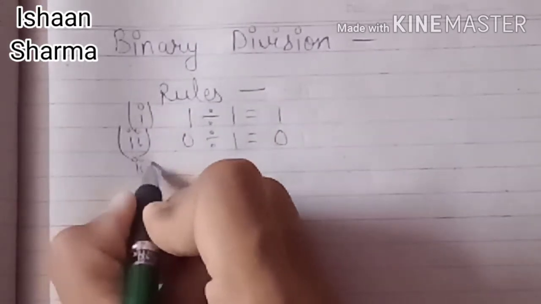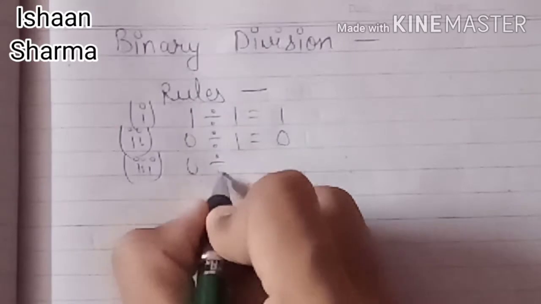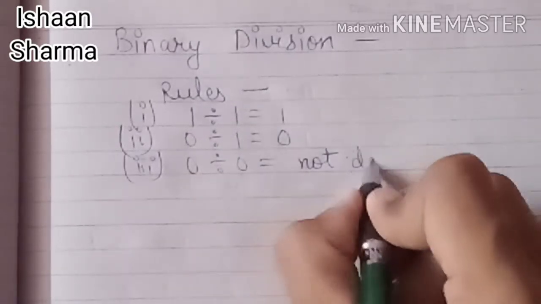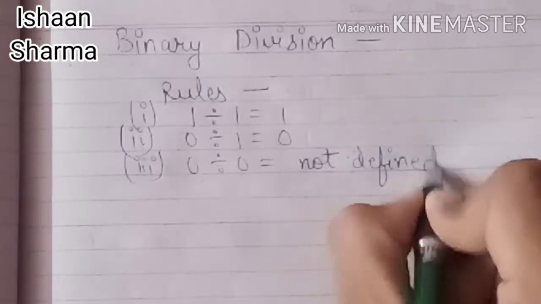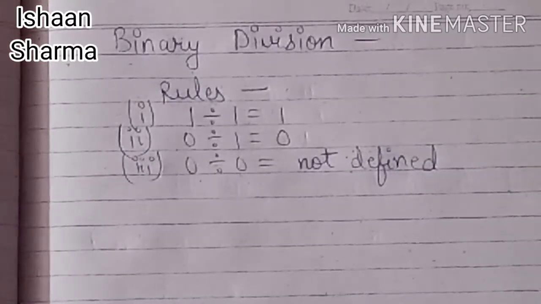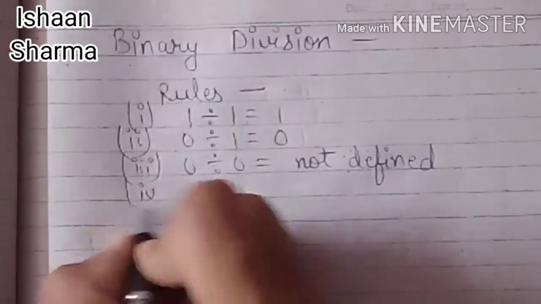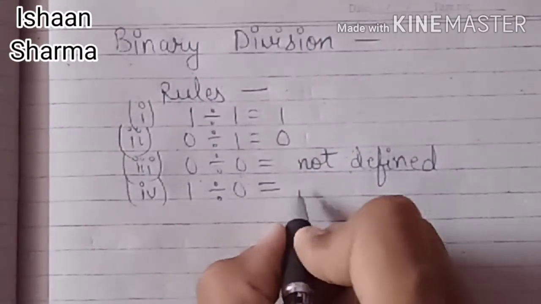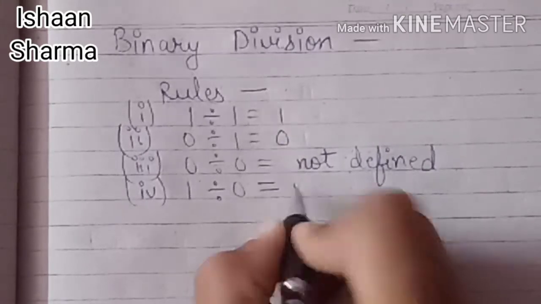And 0 divided by 0 is always not defined. Okay, not defined. And 1 divided by 0, our last rule, is always not defined. Okay, not defined.